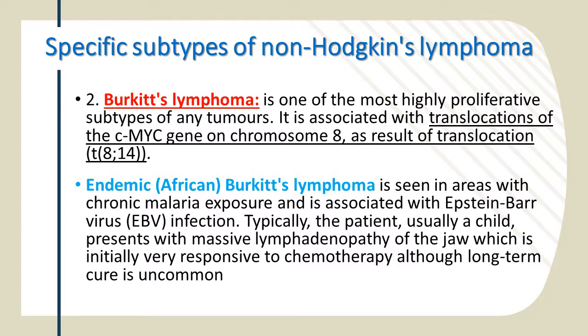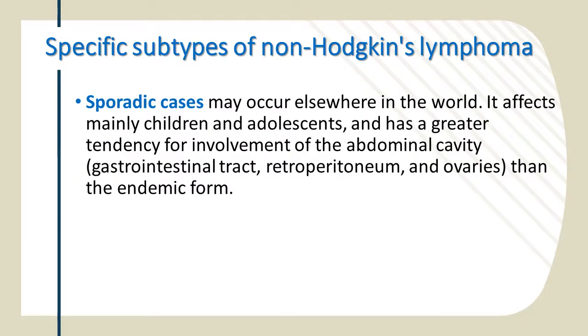Typically, the patient, usually a child, presents with massive lymphadenopathy of the jaw, which is initially very responsive to chemotherapy, although long-term cure is uncommon. In African patients with endemic tumors, involvement of the maxilla or mandible is the common mode of presentation.